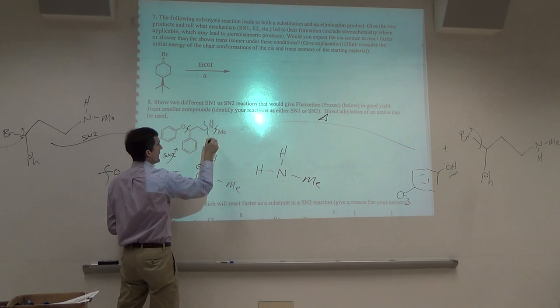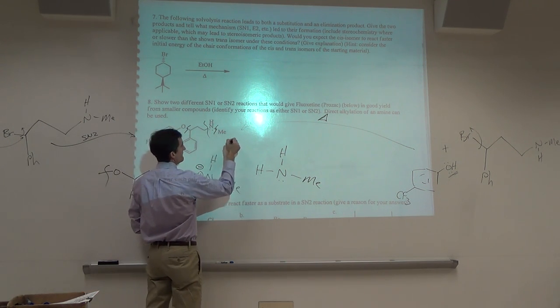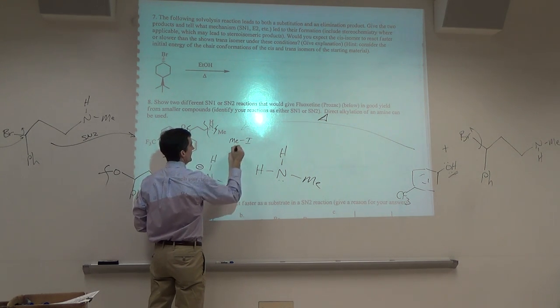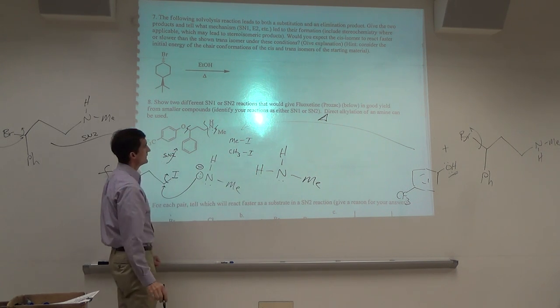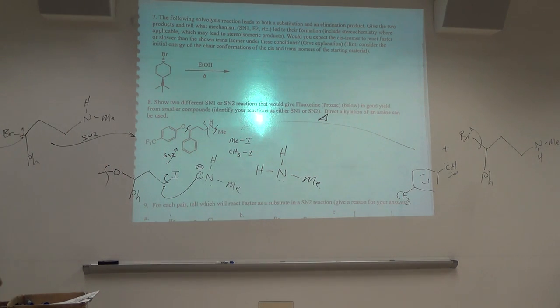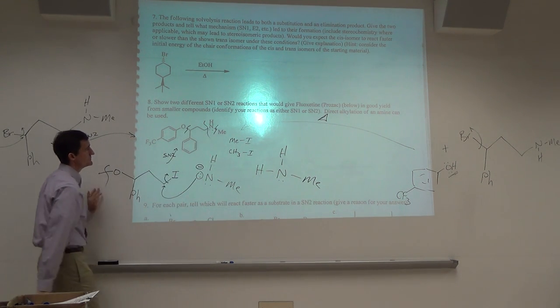We could have made that bond. We could have had the NH2 and like methyl iodide or something, CH3I. And the NH2 could have just attacked this and kicked off the I. I see three places to make bonds here.